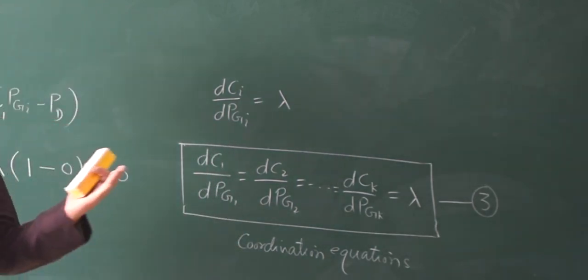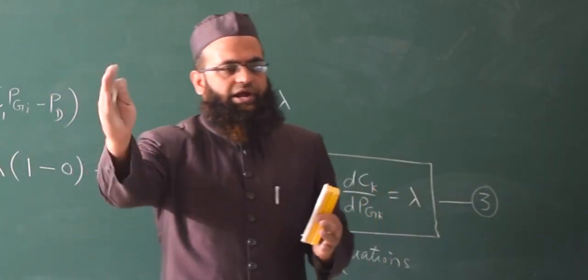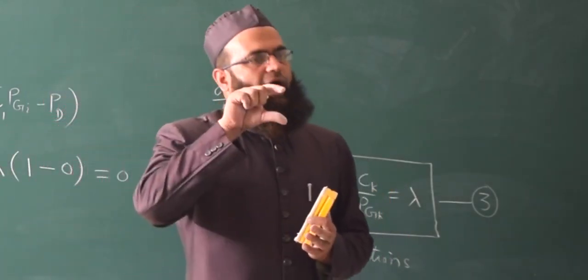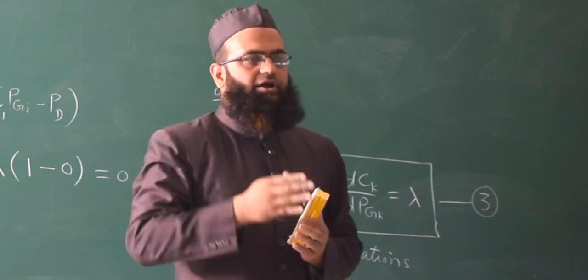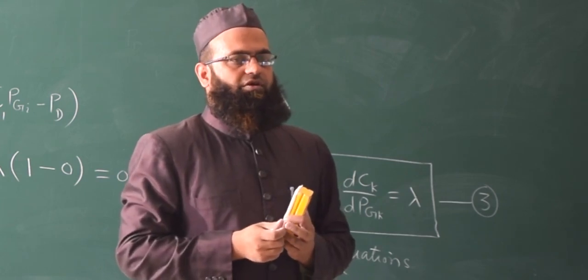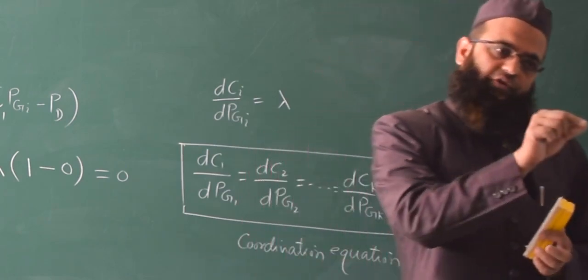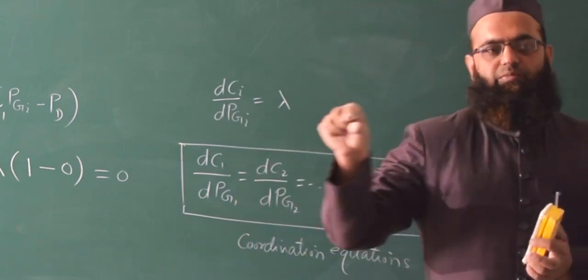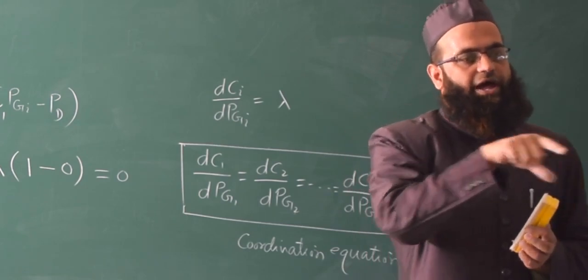So suppose we are having 2 units. For 2 units we will get 1 point on each curve where slopes are parallel, is it not? Slopes are parallel means the slope m of that curve is equal to the slope of that curve, for that particular PG and that particular PG.